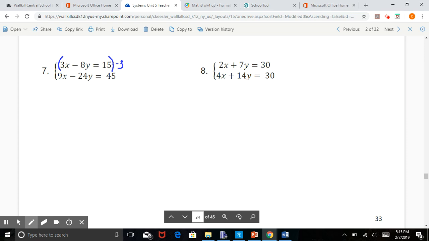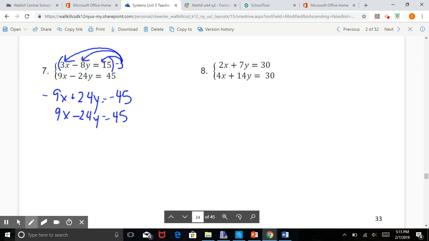So I'm going to bring the top one down, -3 times 3x, -3 times -8y, and -3 times 15. So that gives me -9x plus 24y equals negative 45. I'm going to bring the bottom equation underneath it, positive 9x minus 24y equals positive 45.